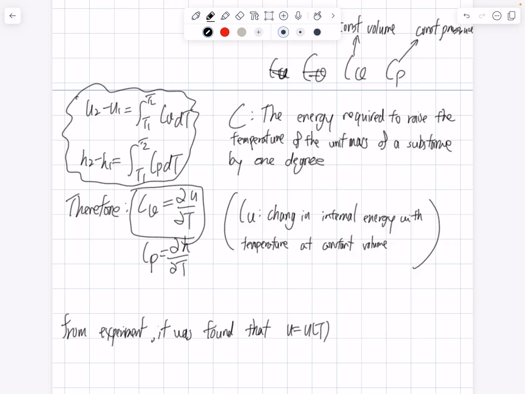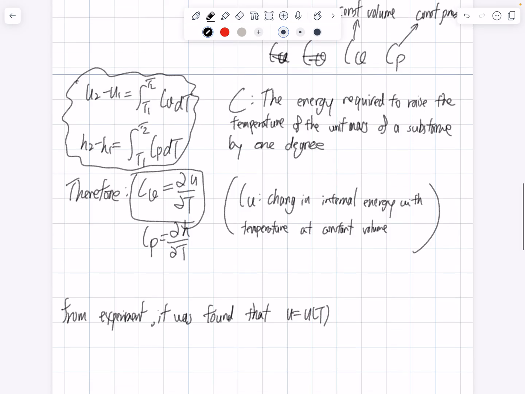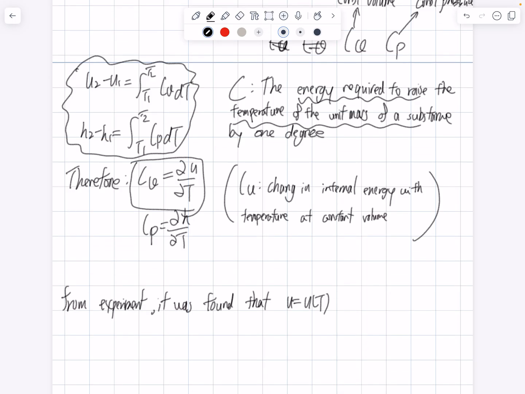The definition of heat capacity is the energy required to create a change of temperature. In other words, change of energy over change of temperature equals heat capacity.